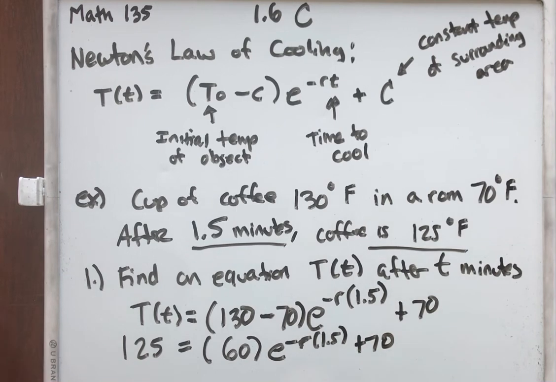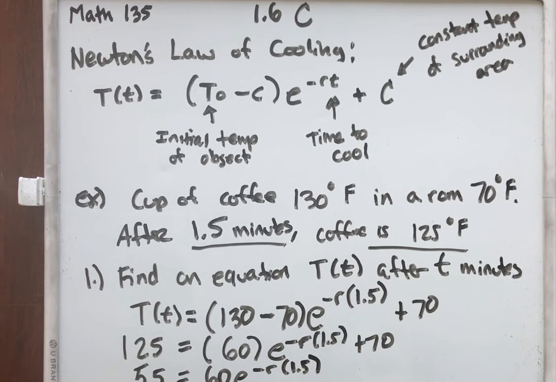From here we're just going to do some algebra. We want to keep this because we're going to solve for r, so we have to get rid of this plus 70. We subtract 70 from both sides, and in doing so, we get 55 equals 60 e to the negative r times 1.5.